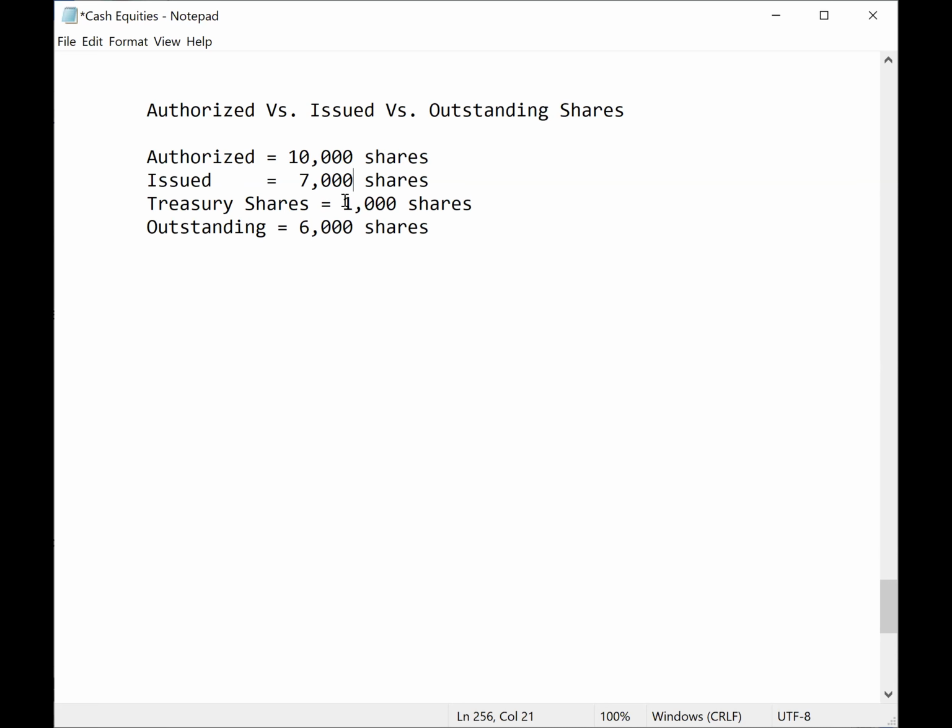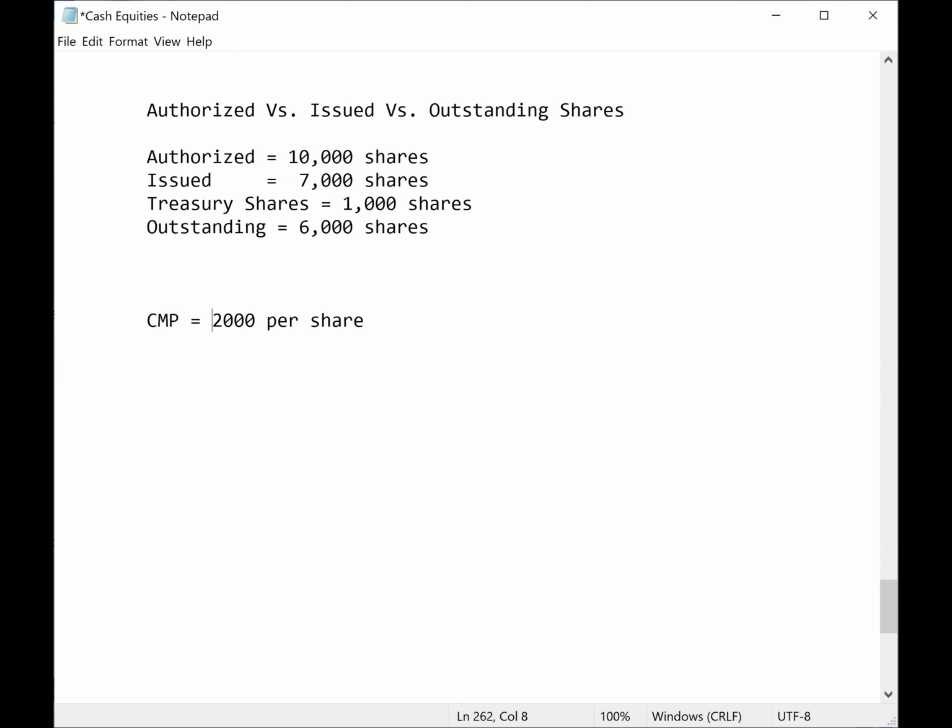Sir, from where are the treasury shares bought back? You told that it is bought back. I didn't understand this. In the market, the company can say that, okay, we are buying back the shares. So whoever wants to tender their shares, they can tender it. So let's say the current market price of the share is 2,000 rupees.